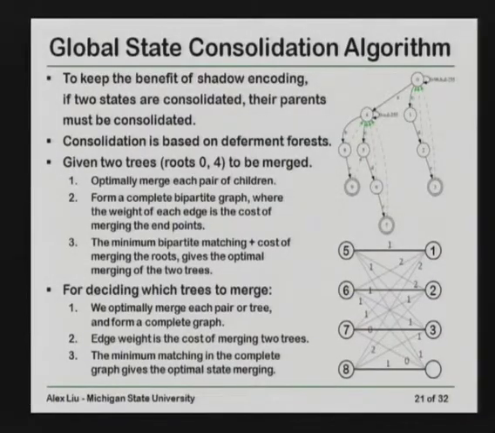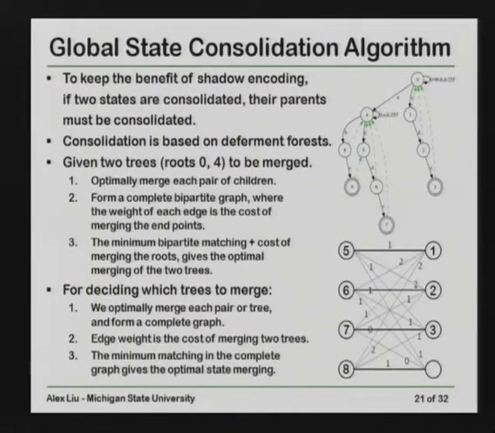For any 2 pairs from left to right, we compute the cost of merging these two. And then after we do this computation, we find the minimum bipartite matching. Plus the cost of merging the 2 roots, that will be the optimal merging of the 2 trees.